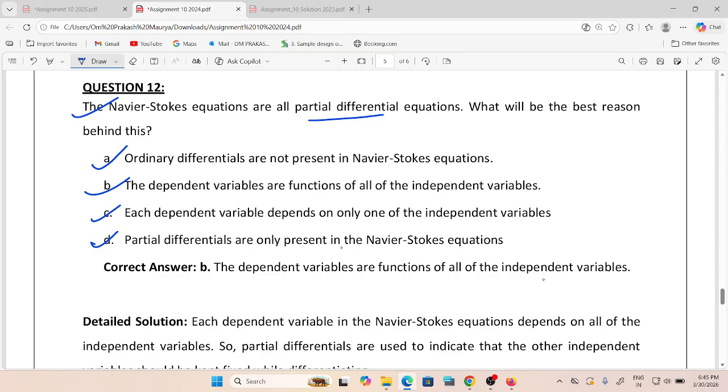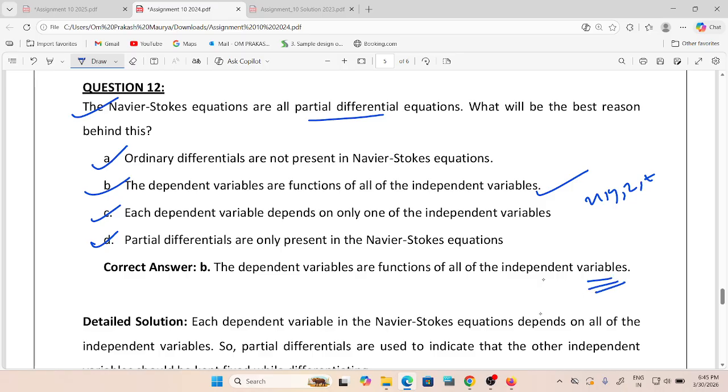So you have the four options. Now option B is correct here. The dependent variables are functions of all of the independent variables.